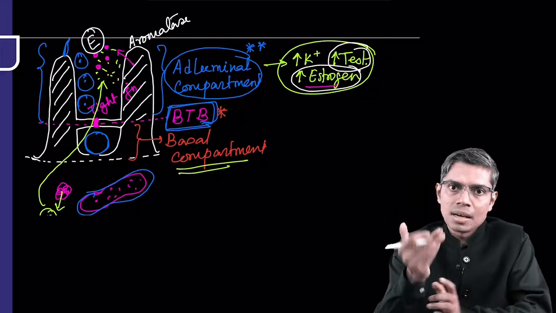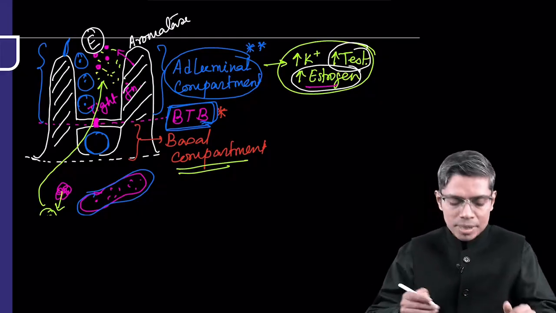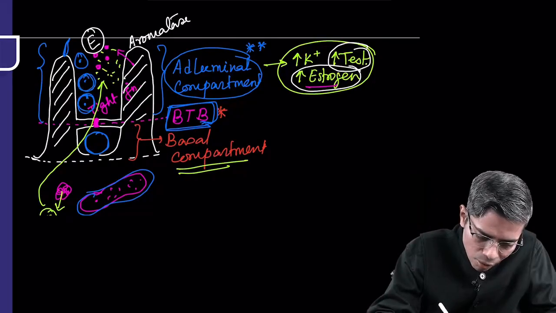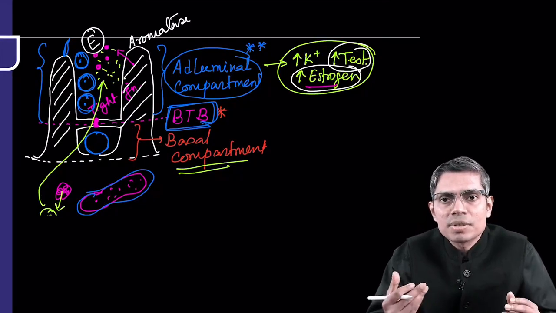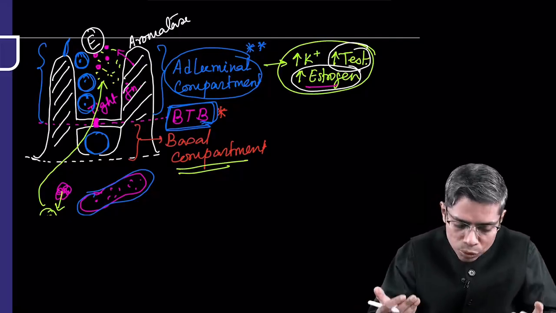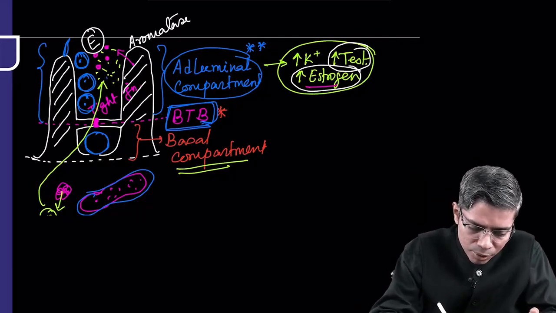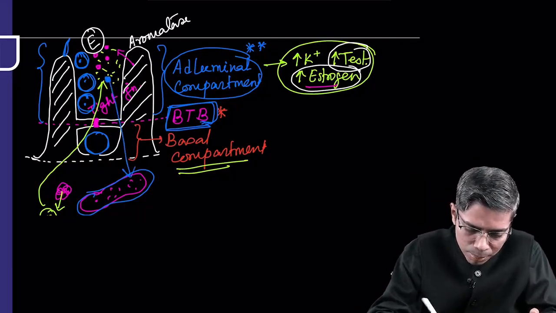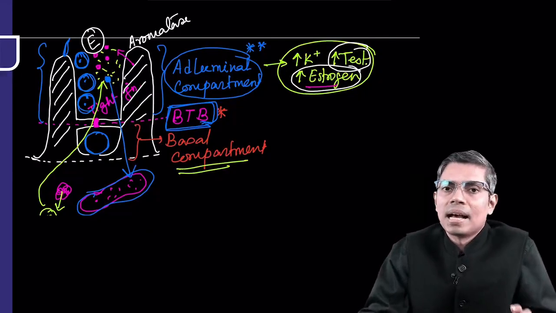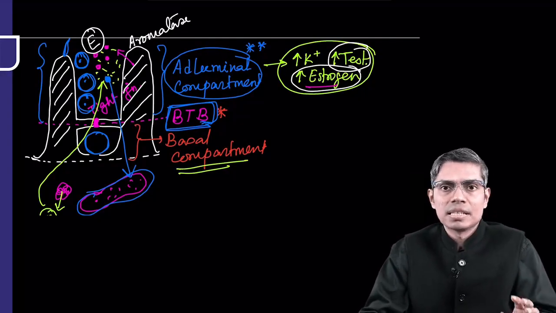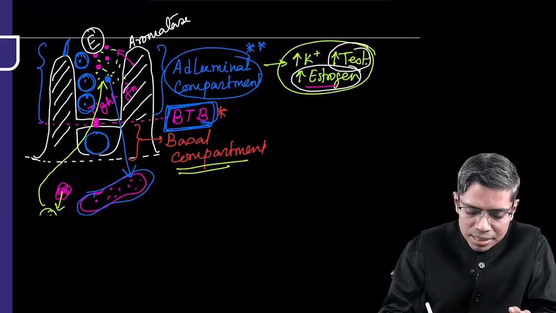Not only that, the other way is also true. What is the meaning of that? When spermatogenesis is occurring inside the adluminal compartment, certain antigens will be produced, and if those antigens enter from the adluminal compartment into the blood, then a serious immunogenic reaction can happen, and that immunogenic reaction is again prevented by the blood testis barrier.